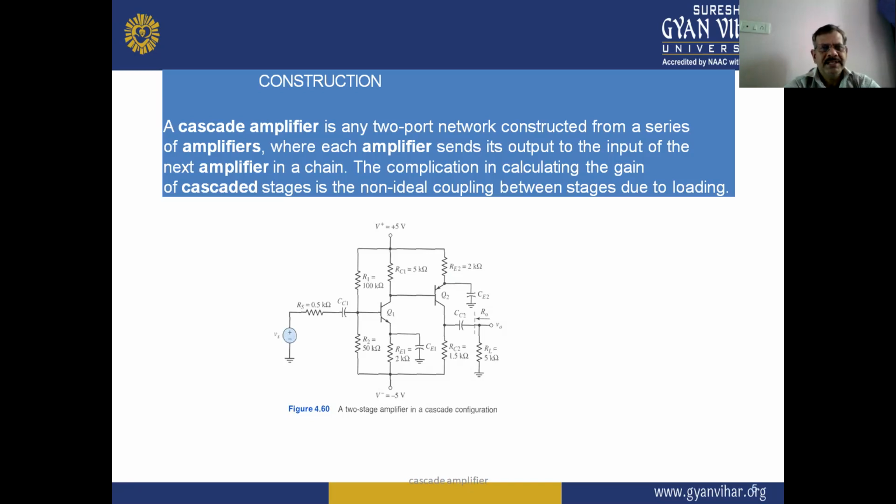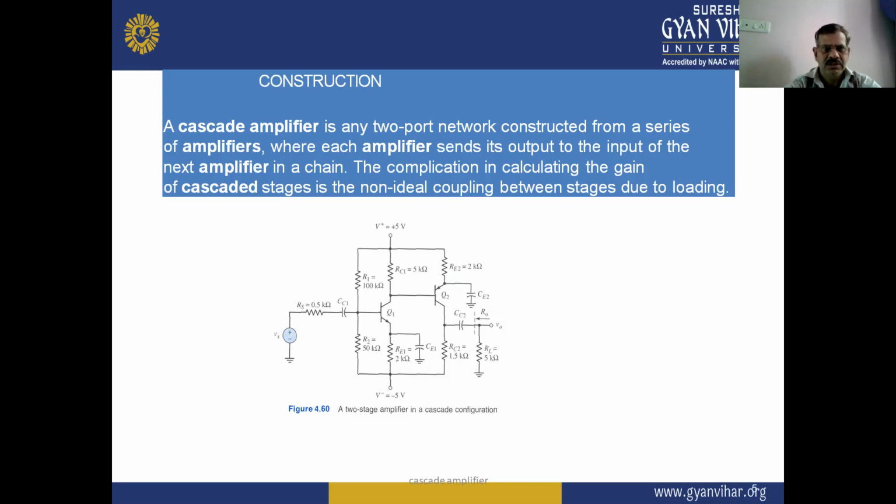So a cascade amplifier is any two-port network constructed from a series of amplifiers where each amplifier sends its output to the input of the next amplifier in a chain system. The complication in calculating the gain of a cascade stage is the non-ideal coupling between stages due to loading.